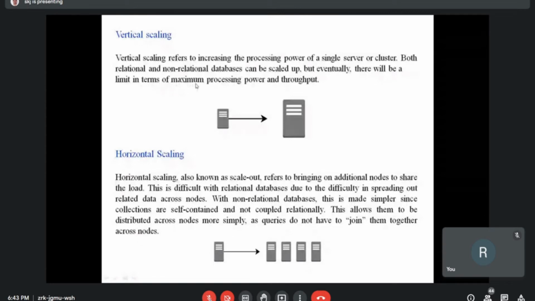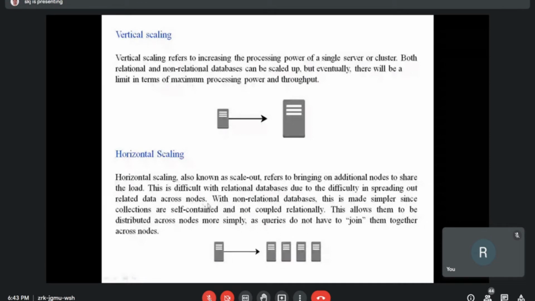Horizontal scaling, also known as scale out, refers to bringing on additional nodes to share the load. This is difficult with relational databases due to the difficulty of spreading out related data across the nodes.